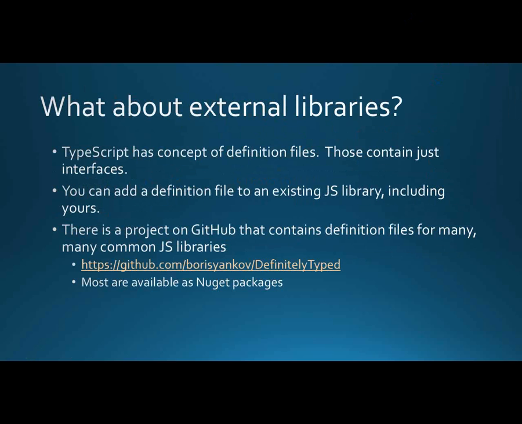Alternatively, you can have an external TypeScript definition file. The convention is to use the .d.ts extension, where D stands for definition. And those are files that don't contain any executable TypeScript, aka JavaScript code. All they have is TypeScript interfaces.